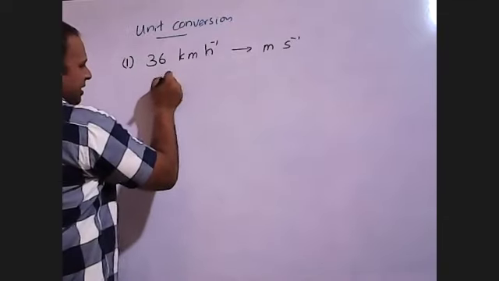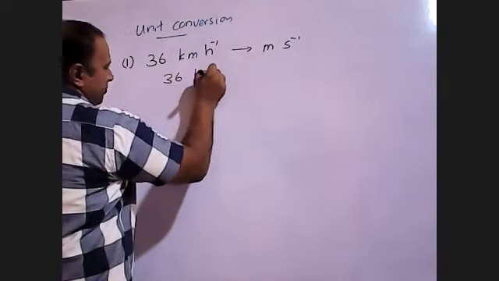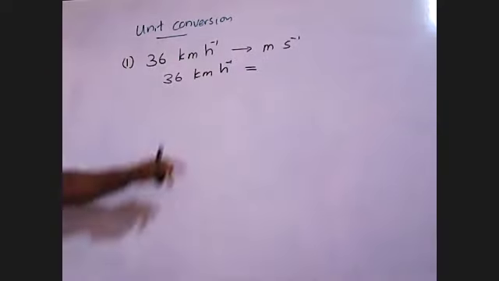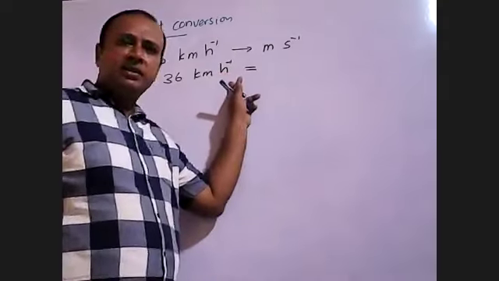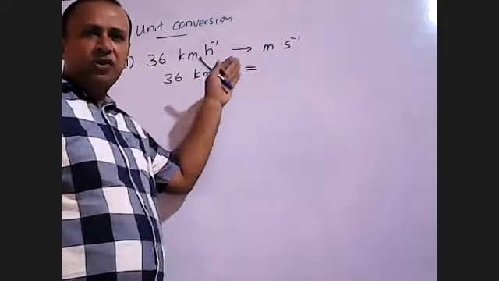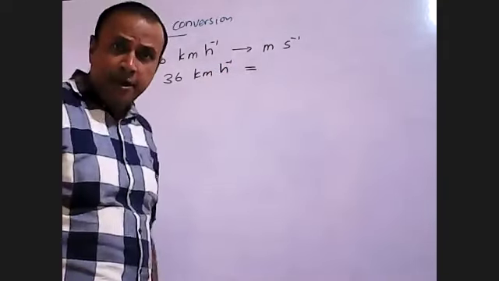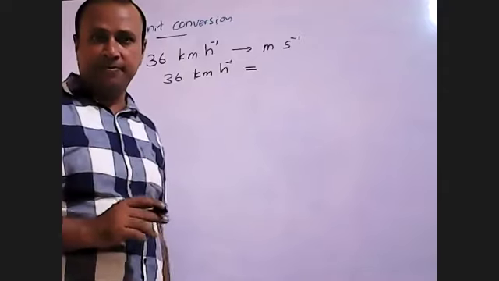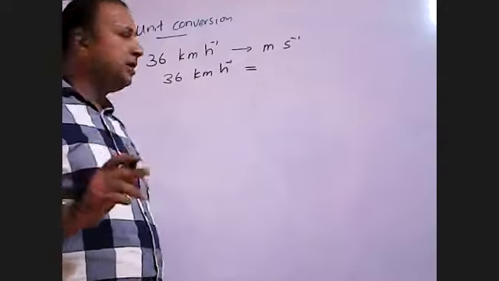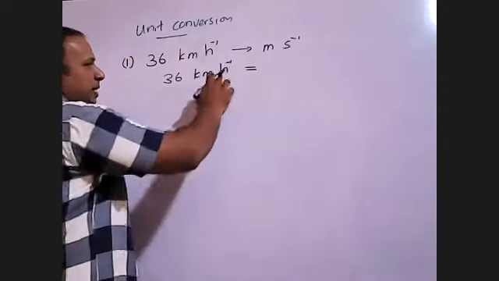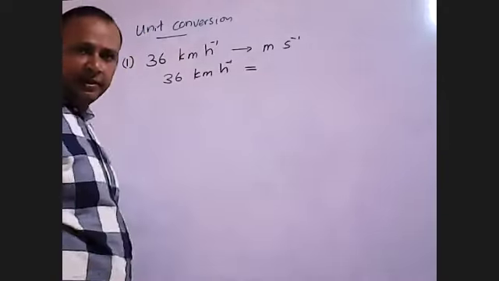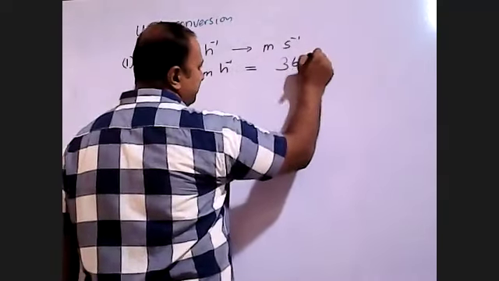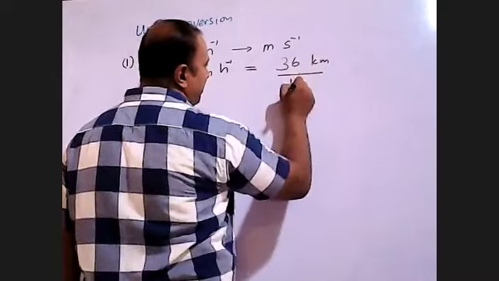Look at this. 36 km h minus 1 can be written. Actually, if there's a negative power, please write it in the denominator. I think it is much easier. Again, with the minus power, they go to the denominator. Take a look. 36 kilometer over 1 hour.